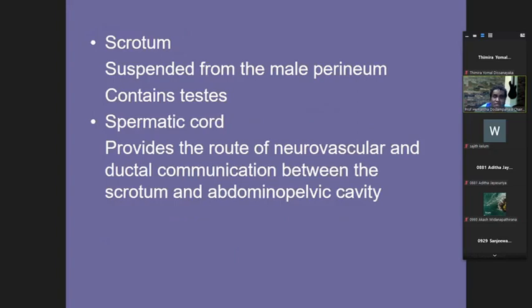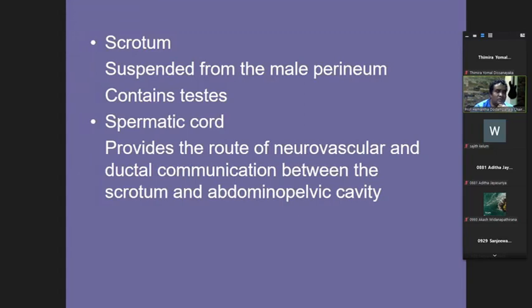And then the scrotum is suspended from the male perineum, because the temperature needs to be a little less than the body temperature for the testis. So it has come out embryologically, and the scrotum contains the testis, and from the testis the spermatic cord comes up.